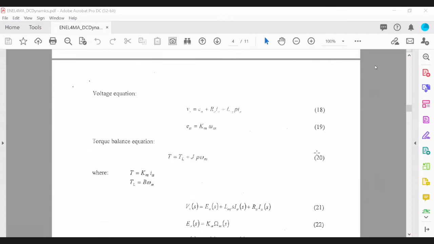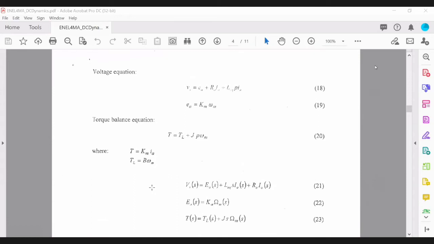And that will give you equation 20 there, right? And so this total torque is given by, remember the equation, we had Km times Ia, and the load torque is given by the product of B times omega m. Right.